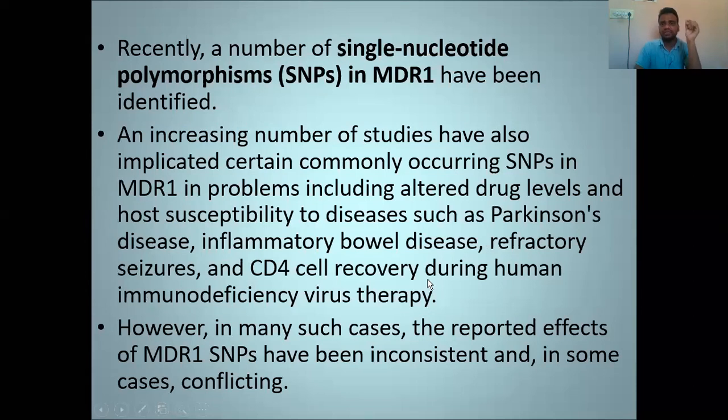Recently, a number of SNPs in MDR1 have been identified. That's why this is a growing field now. If you want, you can design a research study in your hospital. Of course, it needs funding, but that's going to be a good study.